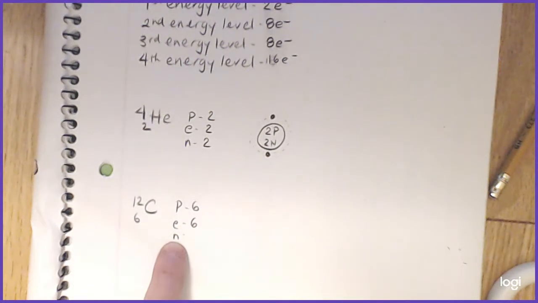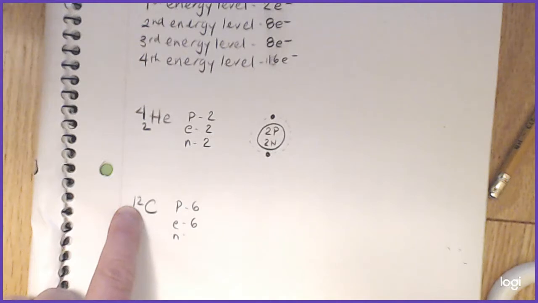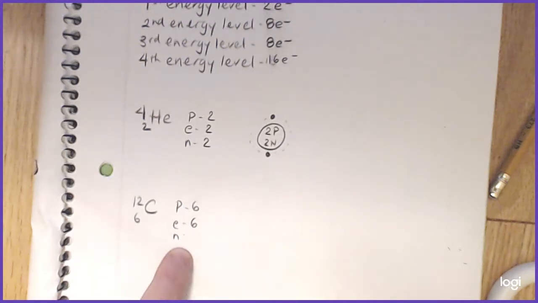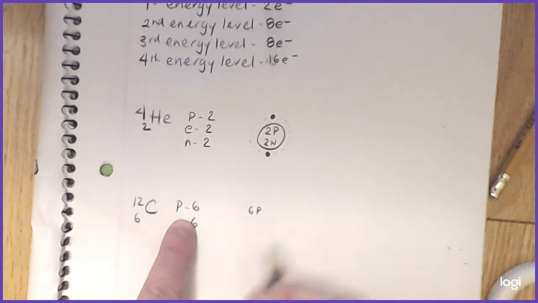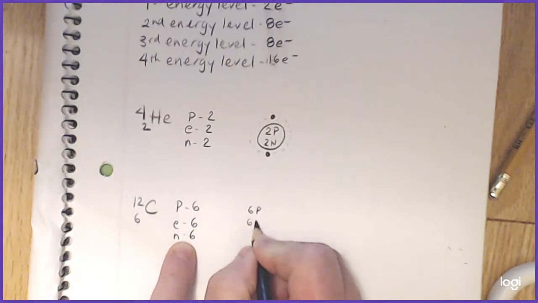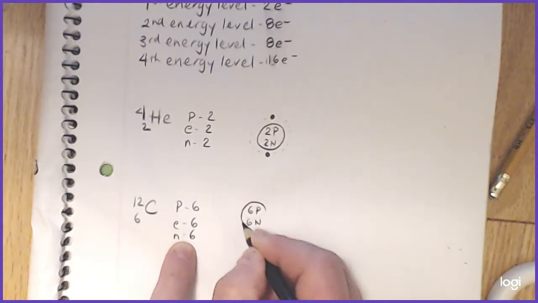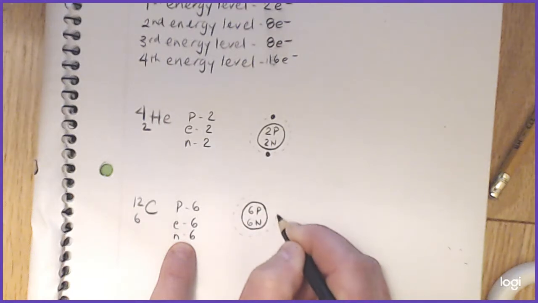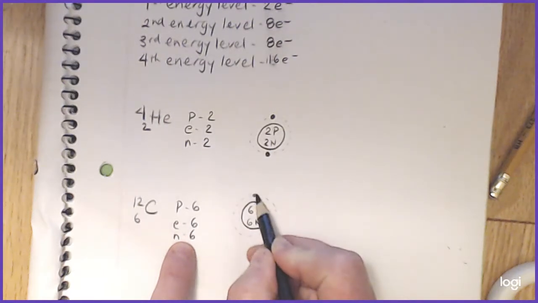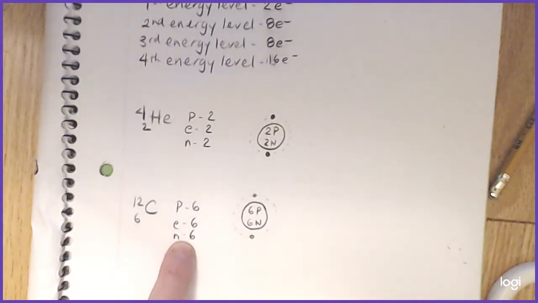And then to find out our number of neutrons, we take our atomic mass minus our atomic number, and that comes out to be 6. So in this atom, we've got 6 protons in the nucleus. We've got 6 neutrons in the nucleus. Here's our nucleus. Around the first energy level, we've got 1, 2 electrons. But we've got 6 in total. We need to place 6.